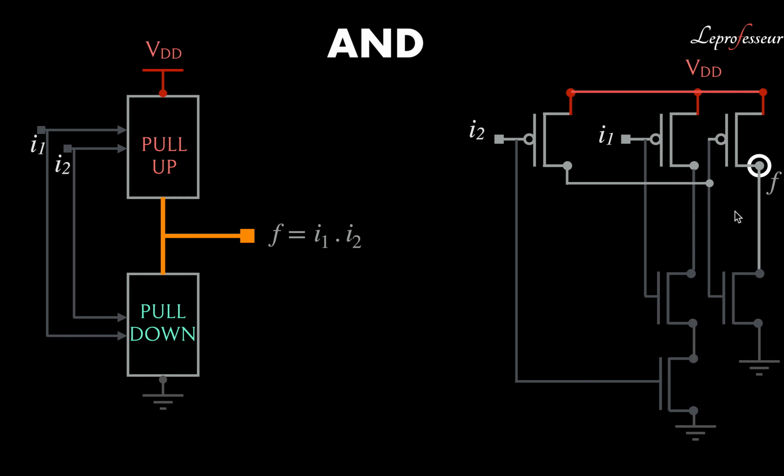What if we want to count the number of transistors for this particular example? We have 3 PMOS, and similarly we have 3 NMOS connected together. Remember that this is a very simple example of a NAND gate.